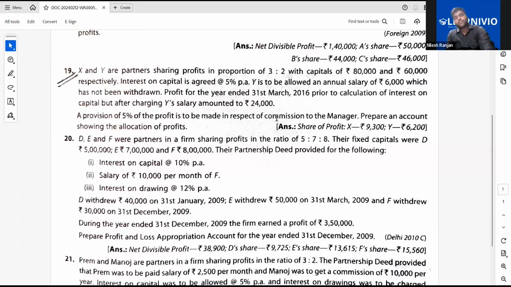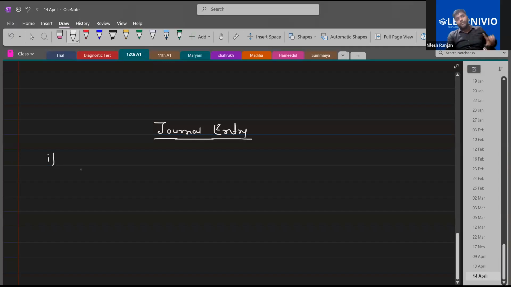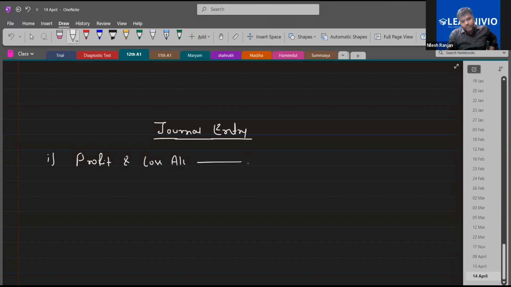We are transferring the profit 28,500 because manager commission will be transferred to profit and loss account. So it will be profit and loss account debit to manager commission, 1,500.